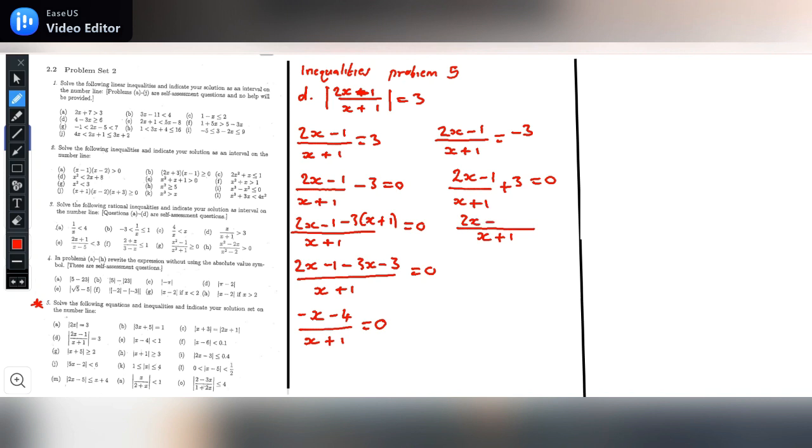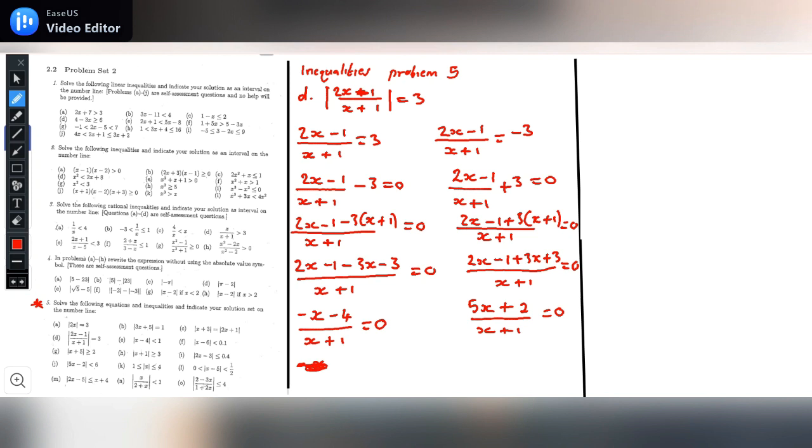Therefore, 2x minus 1 plus 3 times (x plus 1), close bracket, equals 0. Therefore, it's 2x minus 1 plus 3x plus 3, all over x plus 1, which equals 0. 5x, we're adding the like terms, plus 2 all over x plus 1 is equal to 0.